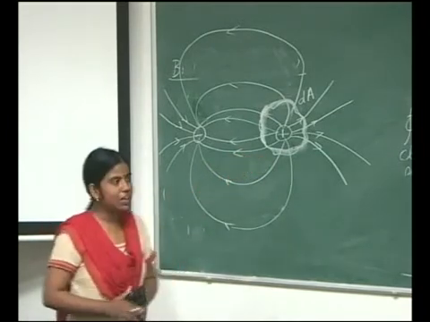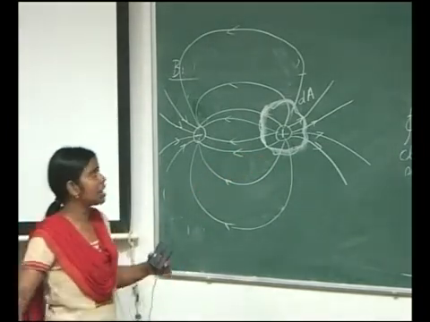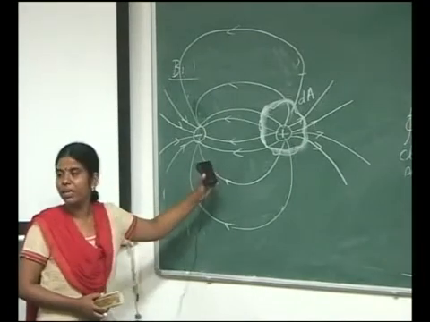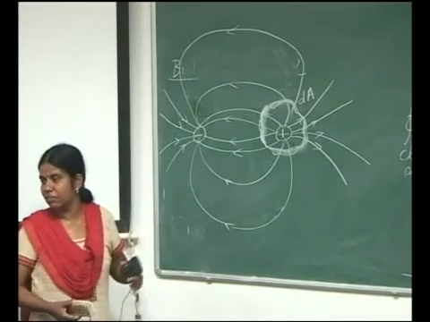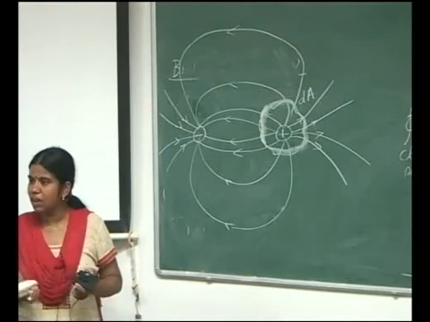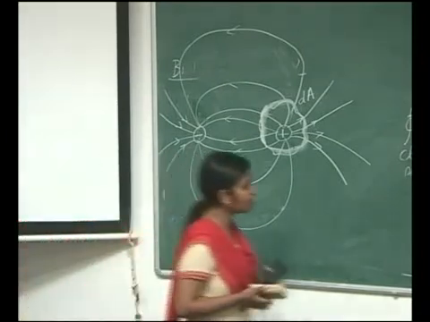Okay. Now we will try to find out what would be the analogy in the magnetic field. When I take the magnetic field, I know that there are no magnetic poles, but still I will try to do something.